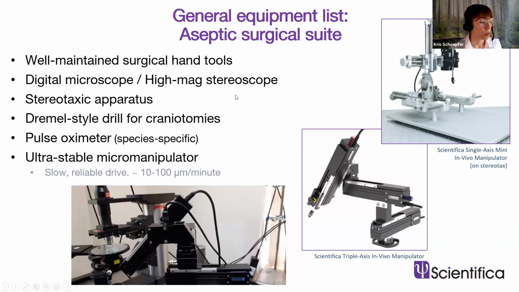We also recommend a pulse oximeter. This is something to monitor the vital signs, as these implant surgeries can last several hours depending how involved they are. And for an animal being maintained under anesthesia for this amount of time, it's good to have a monitor to check in with every now and then.